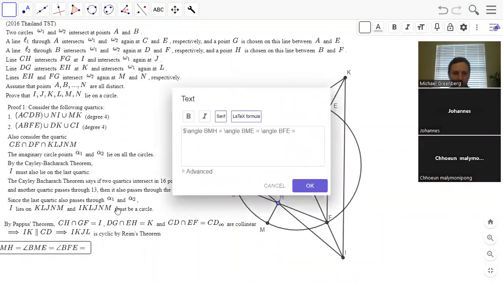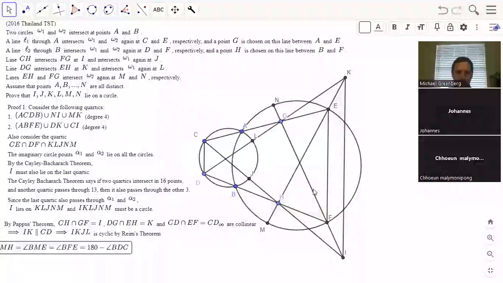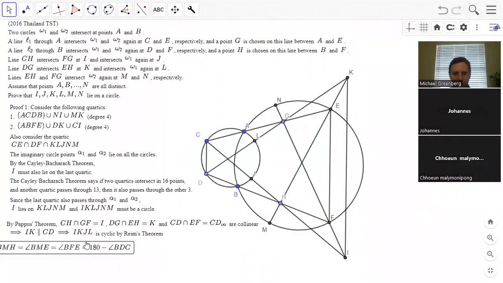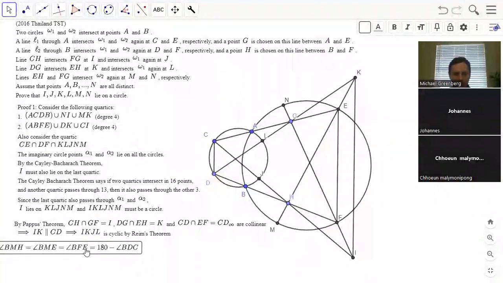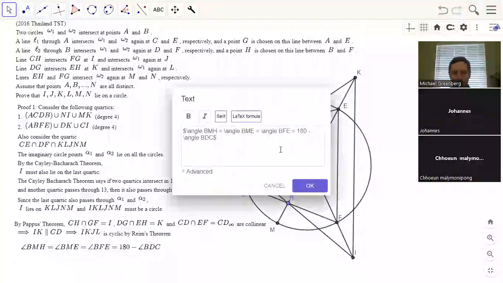BFE is 180 minus BDC, which is BJC. So that means that BMHJ is cyclic.